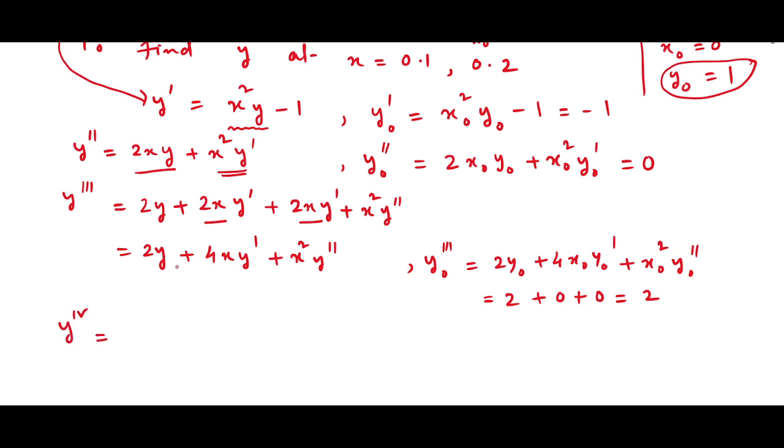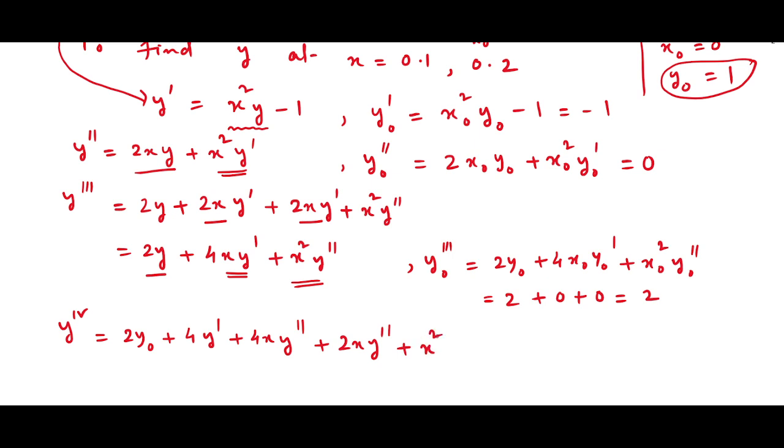y4. Okay. So the first term is 2y, right? The derivative of 2y is 2y dash, plus 4 into, again see xy, so it's 4x. So 4, then the derivative of x is 1, so we have only y dash. Next we will keep 4x as it is. The derivative of y dash is y double dash. Now we'll differentiate this term, x square y dash. So the derivative of x square is 2x. y double dash will remain the same.